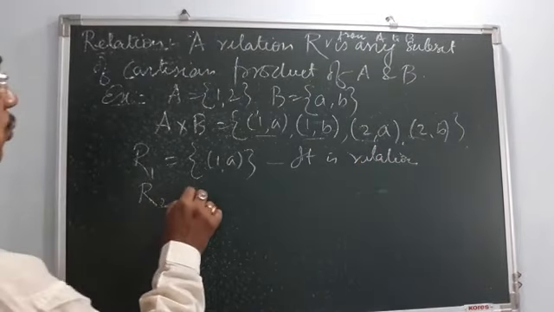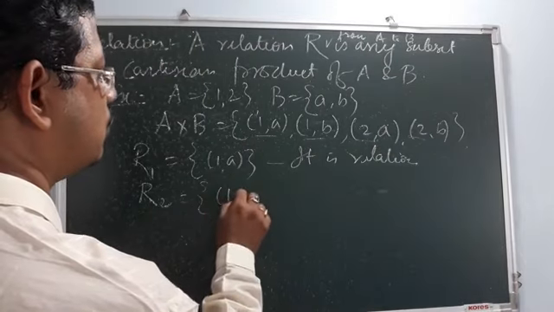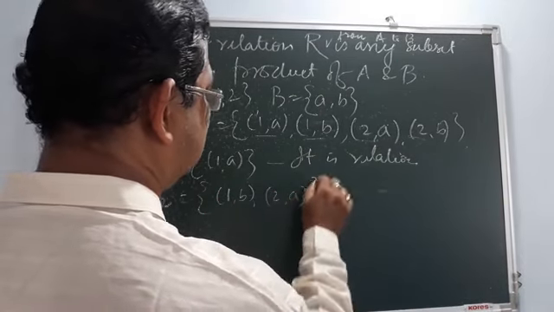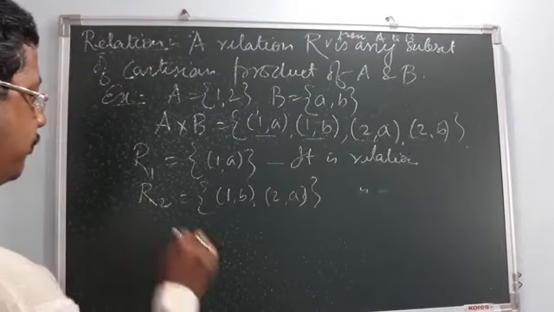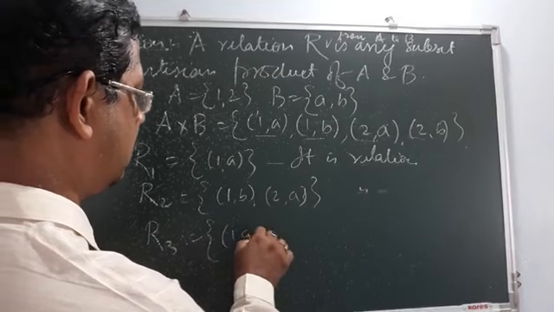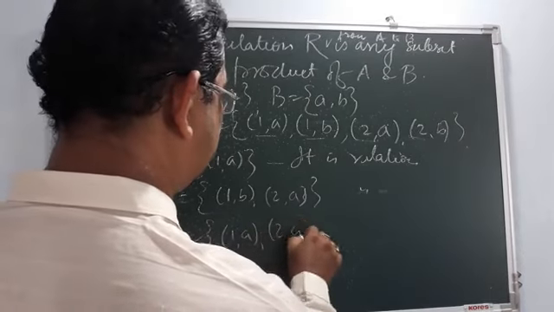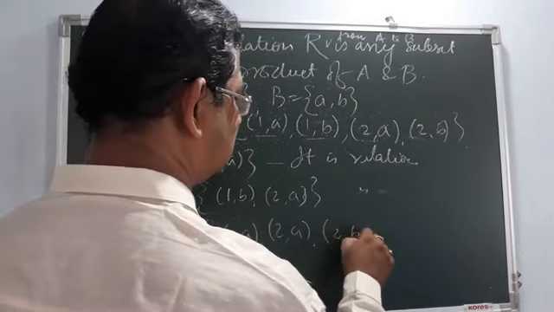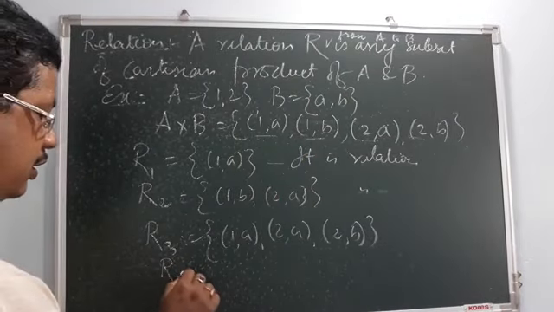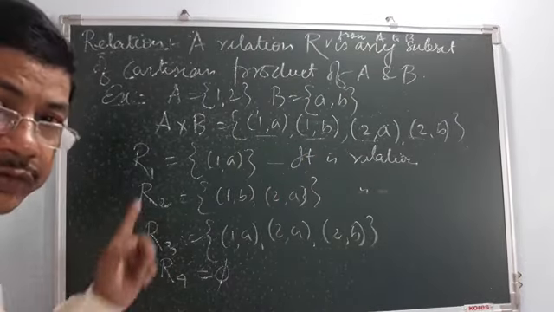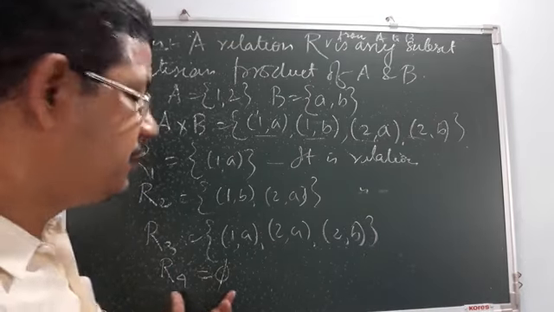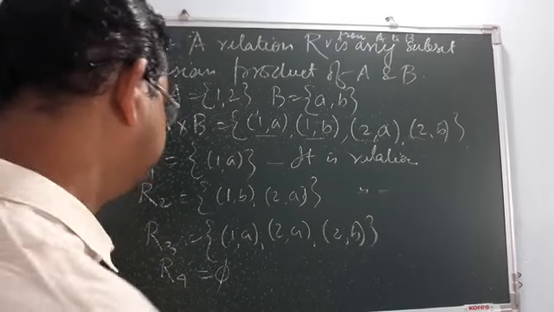Suppose we take two at a time, that is (1,b) and (2,a), then it is also a relation. If we take three at a time, any three, then it is also a relation. If we take the null set, this is also a relation, and its name is the empty relation.